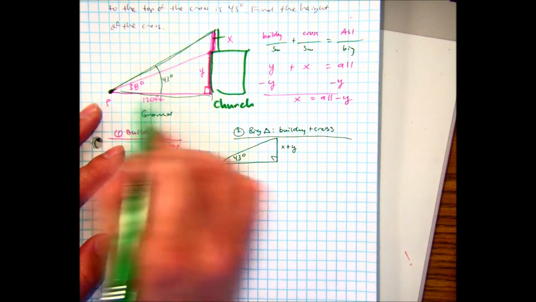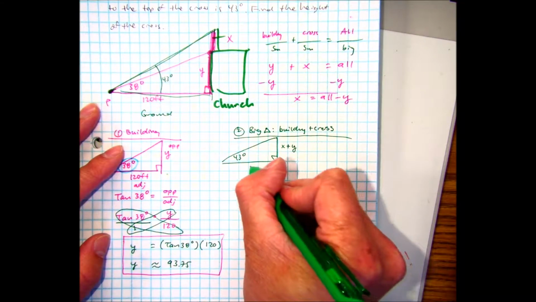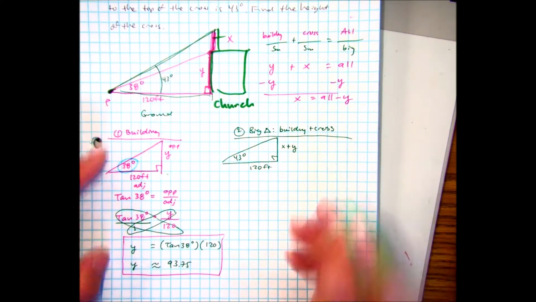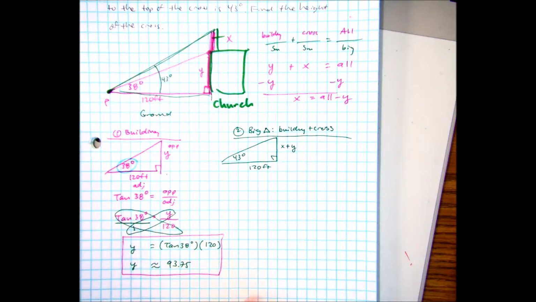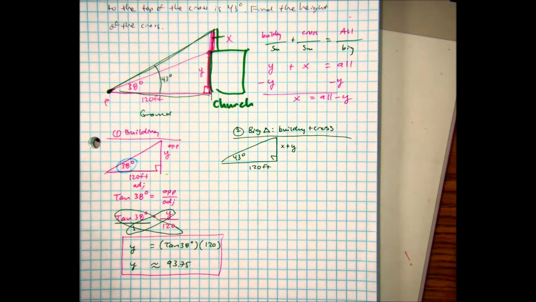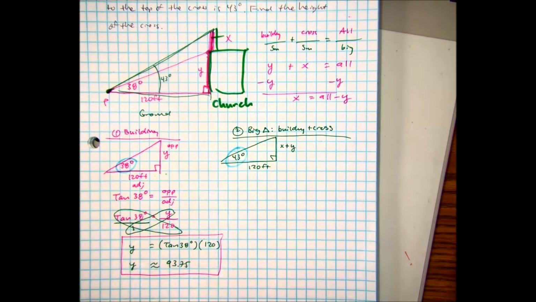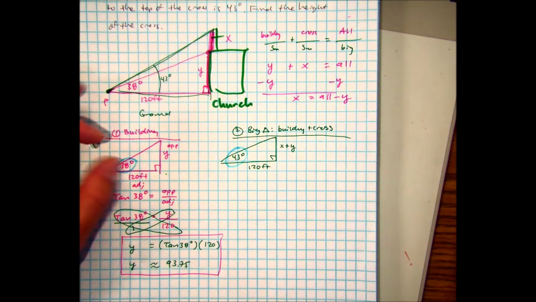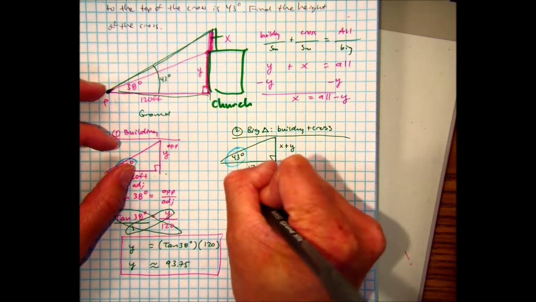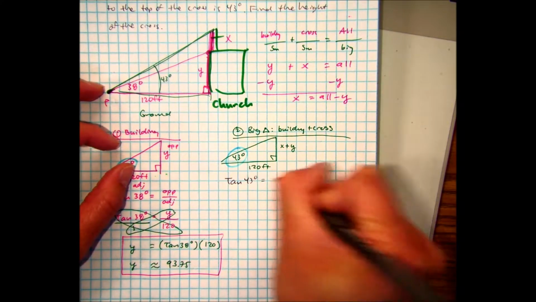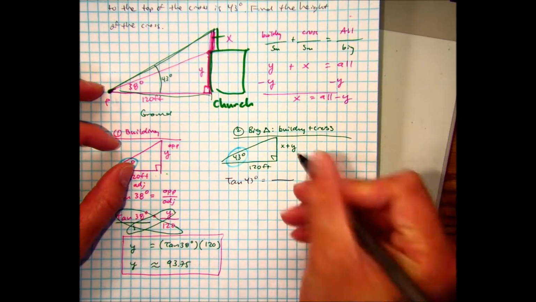And then we still have this length here to be 120. So I start at the angle. Class, which trig ratio do I have? So I have tangent of 43 equals which two sides?